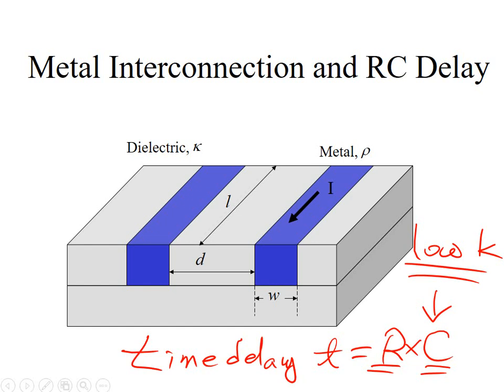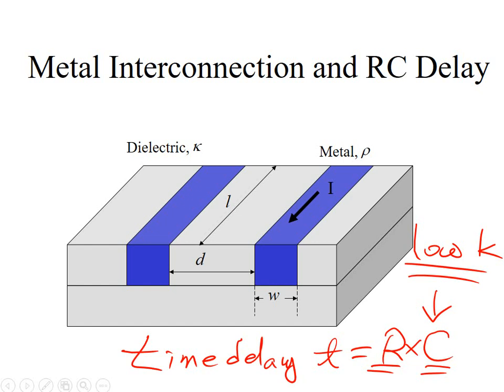So T equals R times C. R is the resistance of the conducting wire. In the past, we used aluminum as the conducting wire. When you try to reduce the resistance, you can change aluminum to copper, maybe into silver. But when you change to silver, the decrease of the resistance doesn't justify the cost.